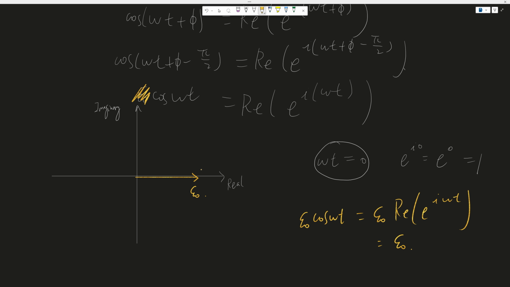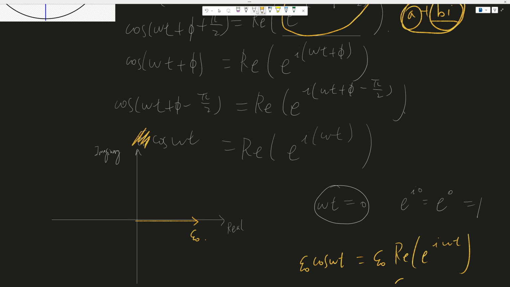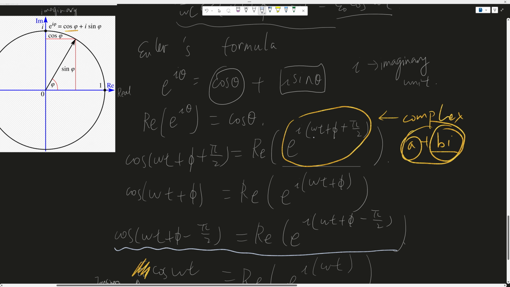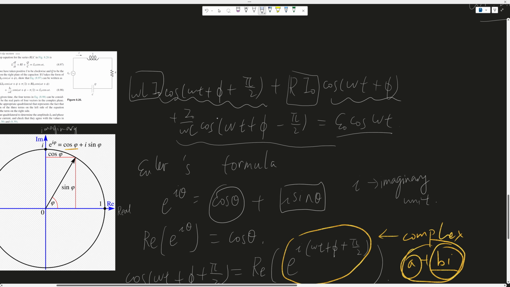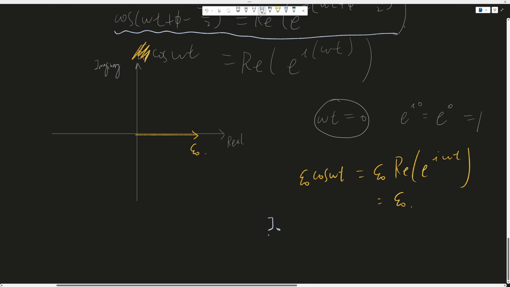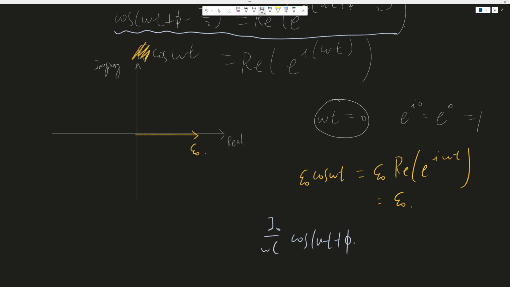And now let's consider the next vector. Let's look at this vector here. For this one, its coefficient is I0 over omega c. So we have I0 over omega c cosine omega t plus phi minus pi over 2.